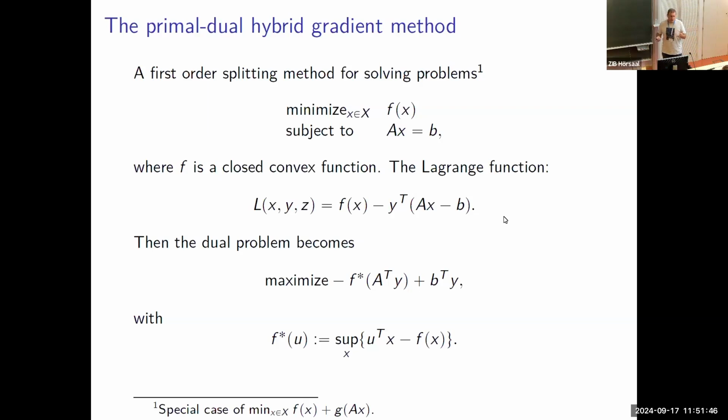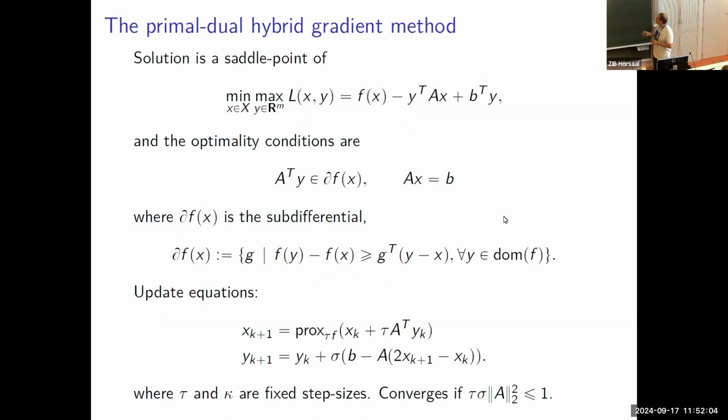It looks a little unusual if you're just used to primal-dual LP methods, but it's a standard thing in first-order methods.